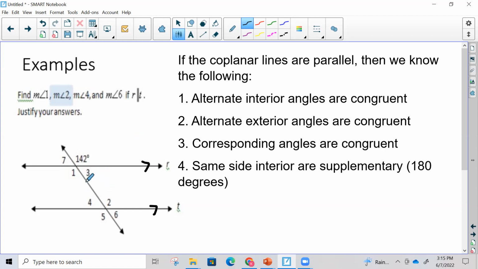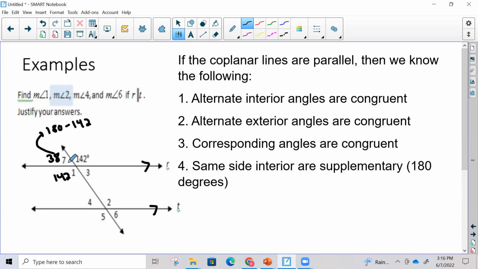Okay, so the first one, the obvious one, is angle 1 is 142 because it's vertical. And then I can go from there and find 7 and 3. They form that straight angle, so they're supplementary. So to find 7, I would do 180 minus 142, and that gives me 38.